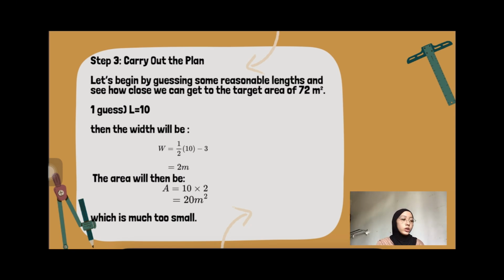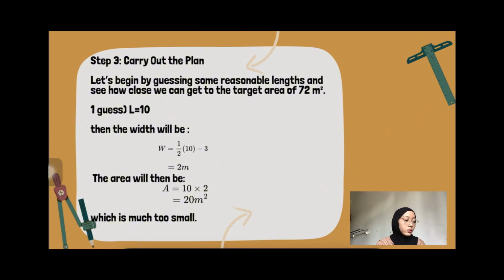Step 3, we need to carry out the plan. Let's begin by guessing some reasonable length and see how close we can get to the target area of 72 square meters. First, we guess that the length equals 10 meters. Then, we put the length into the formula, and the width equals 2 meters.